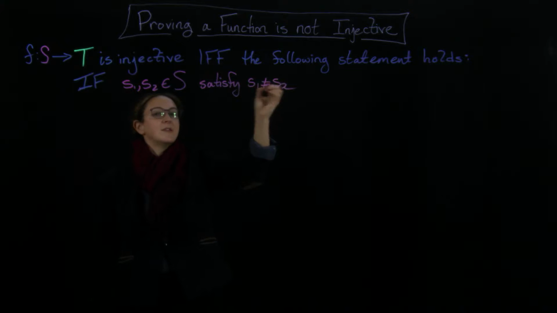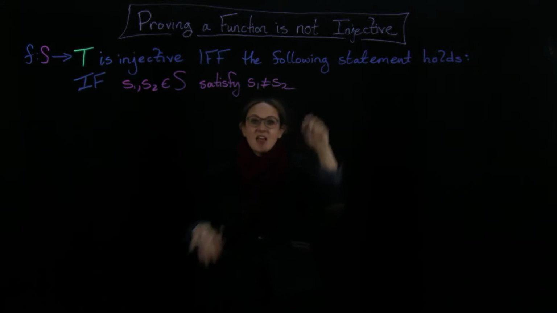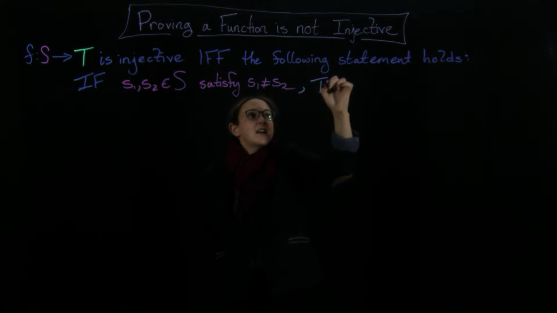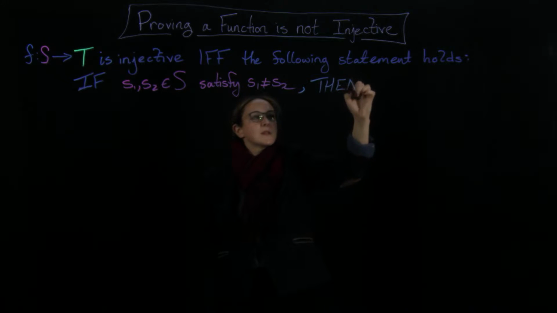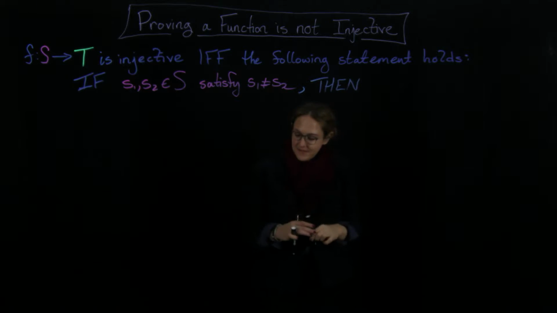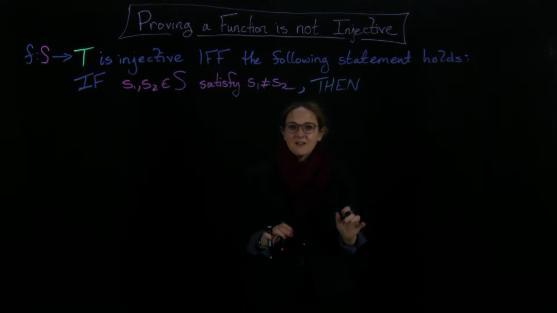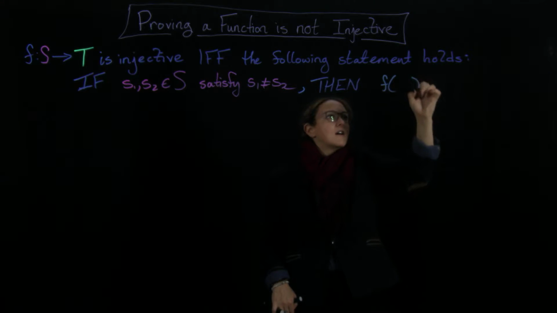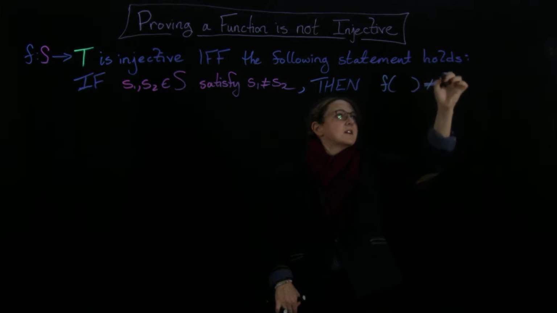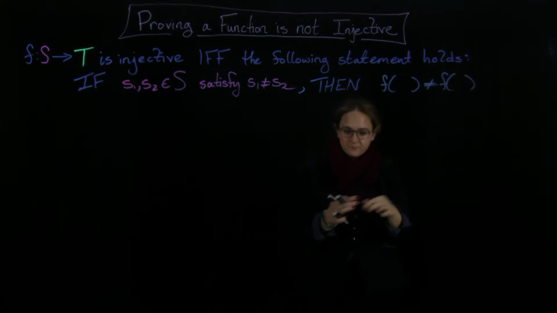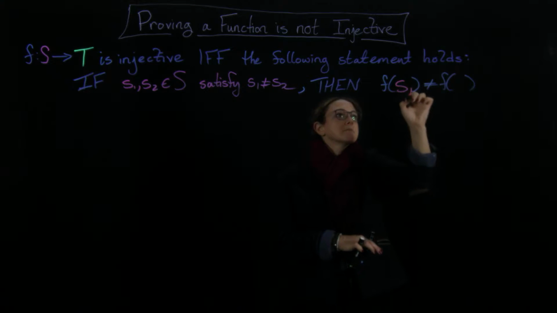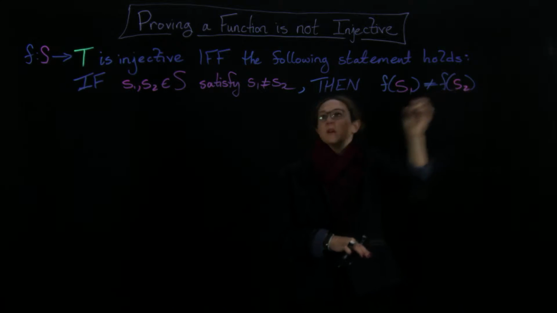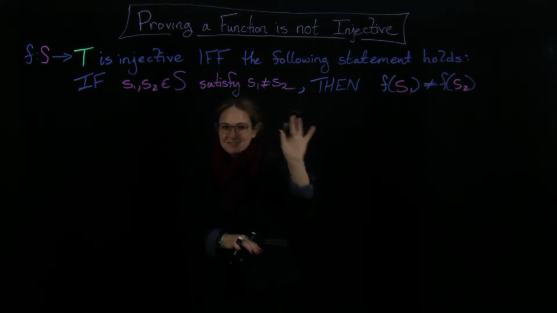Okay, so if those are two distinct elements, then we're going to have that f of S1 does not equal f of S2. We could also use this implies statement.